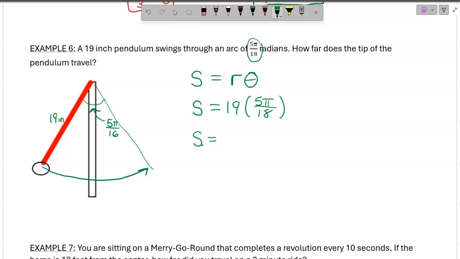And we're going to go ahead and throw that in our calculator. Now this one might come out to be kind of a weird decimal if I plug it in. I get 95 pi over 18, which we can absolutely leave as an answer if we wanted to. That would be inches. If we wanted to see what that approximation was equal to, we could also approximate that in our calculator to be 16.6 inches.